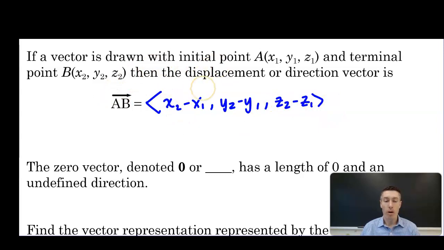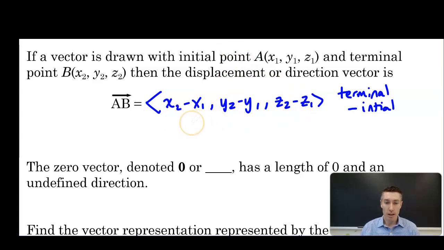Right? So the important part to represent here is that we are taking the terminal point minus the initial point. And we're looking at the x component, the y component, and the z component all separately to create the vector.